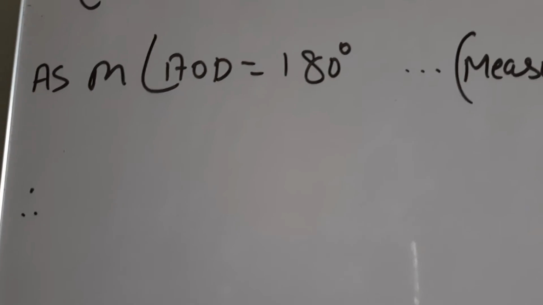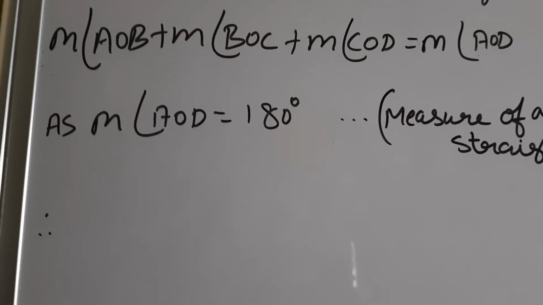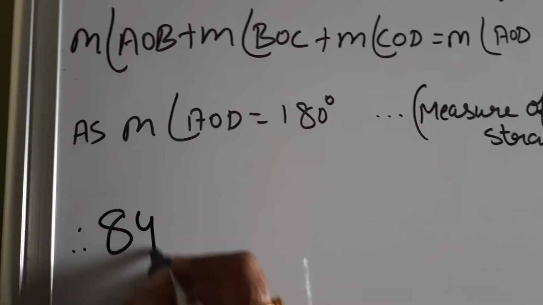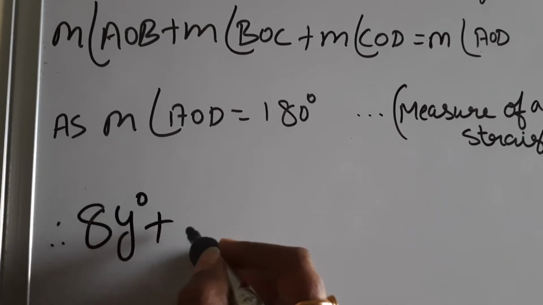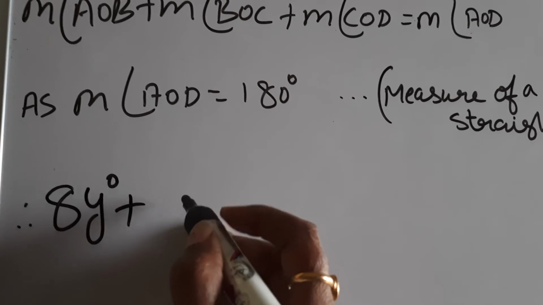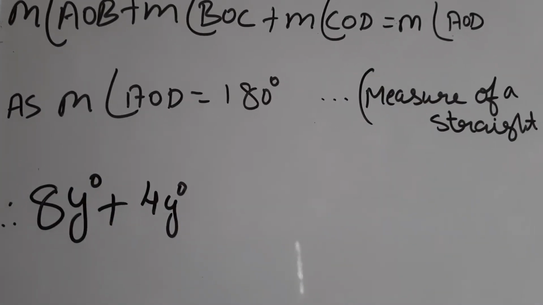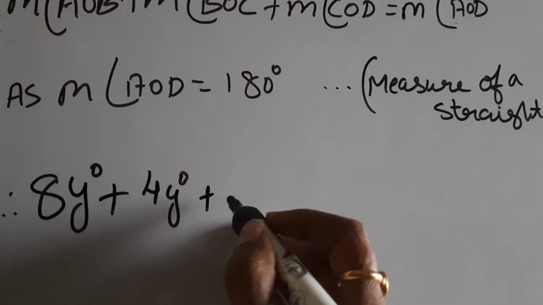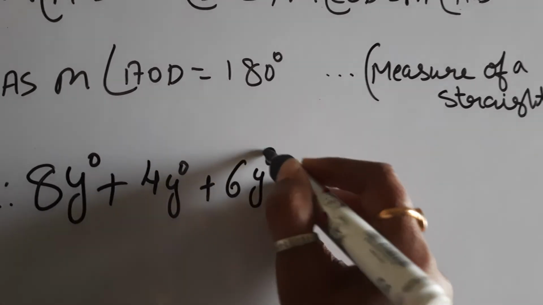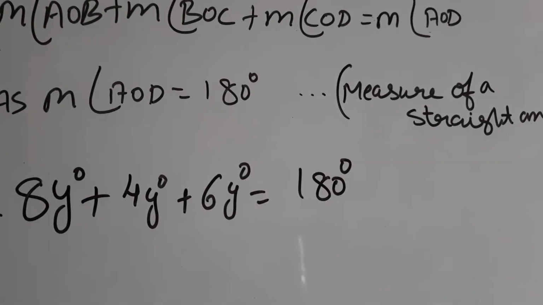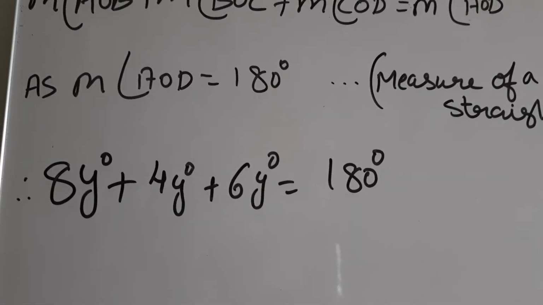So let us now put the values and try to solve. Angle AOB is 8y degree plus measure angle BOC, we have taken it as 4y because it's vertically opposite to FOE, plus measure angle COD is 6y degree is equal to 180 degree. That is the measure of angle AOD, straight angle.